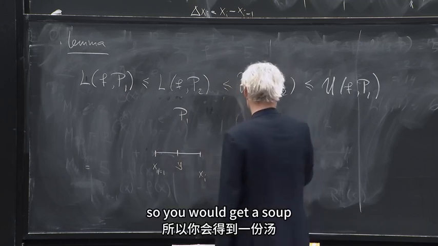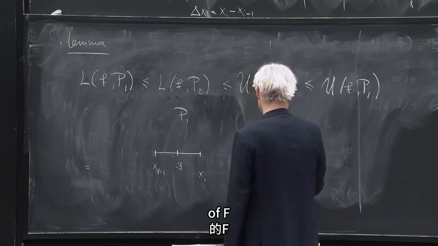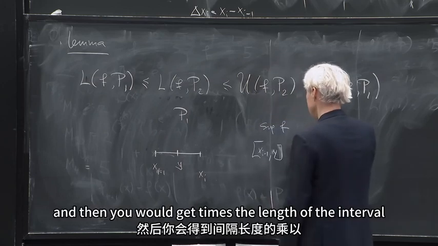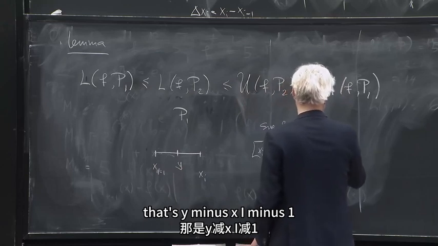So you would get the sup of f on the interval from x_{i-1} to y, times the length of the interval, y minus x_{i-1}.